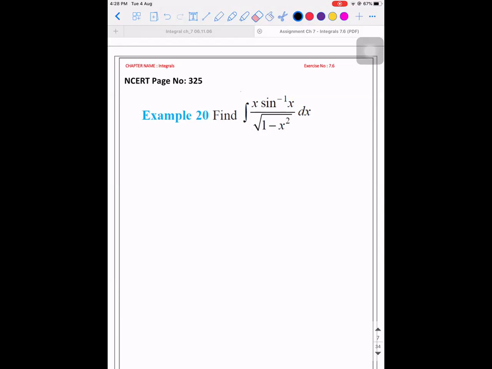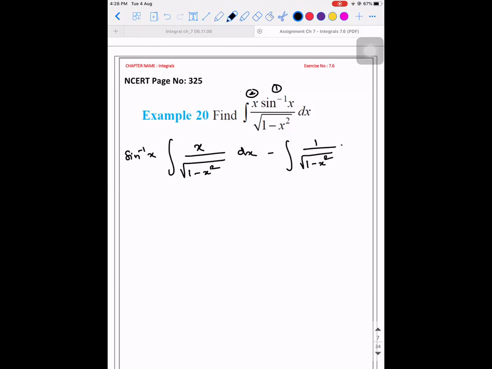What will happen? So sine inverse x into integral of x divided by root of 1 minus x square dx. So first function into integral of second function minus integral of derivative of first function. Derivative of sine inverse x is what? 1 by root of 1 minus x square dx.